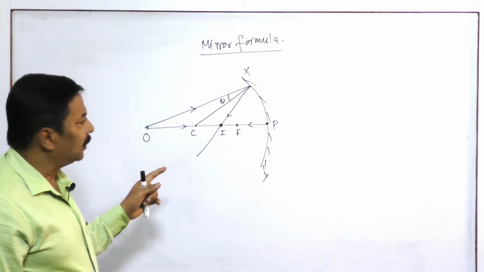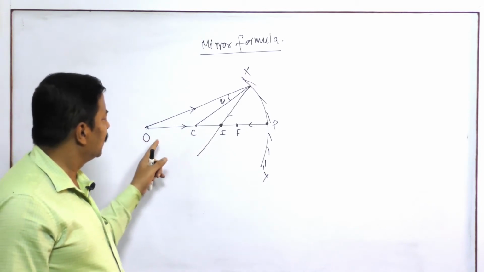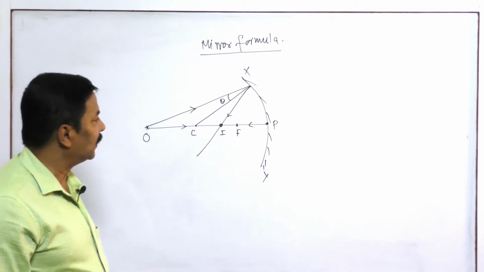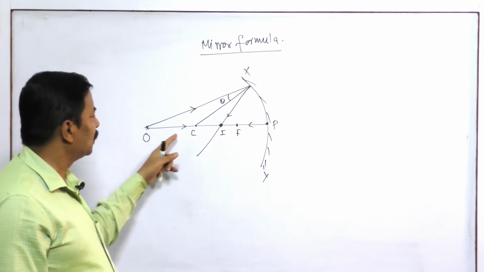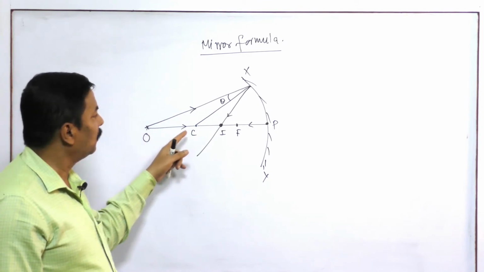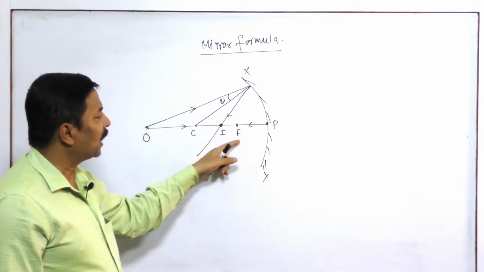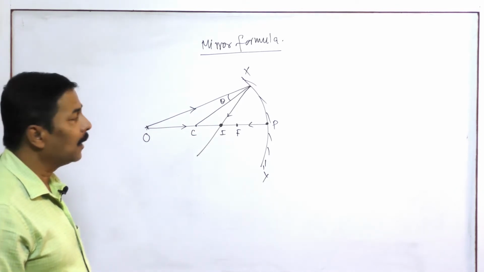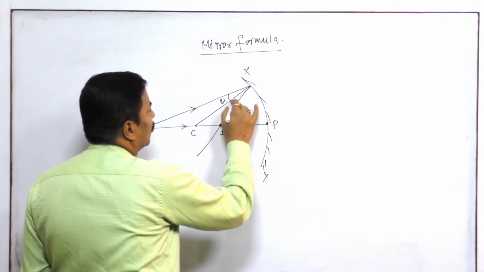Keeping the point object in mind, the object is there and the image is real. You know that when the object is beyond the center of curvature, the image is formed between the center of curvature and focus, which we have understood in the ray diagram. So this angle is also theta.